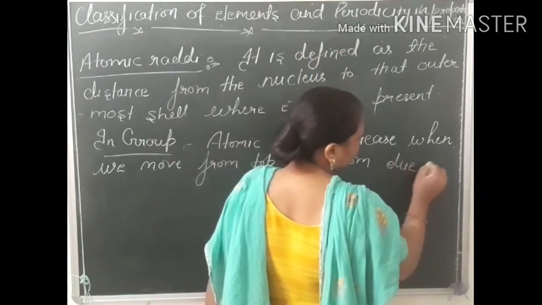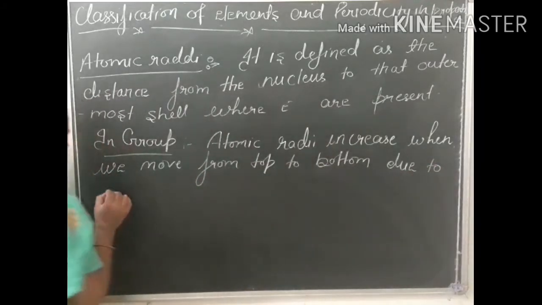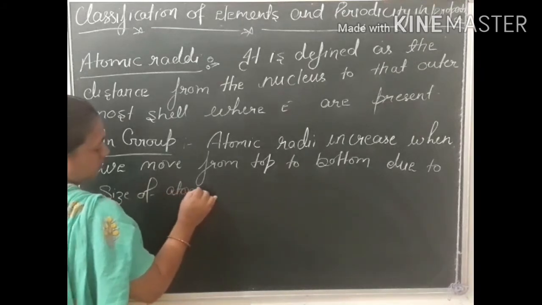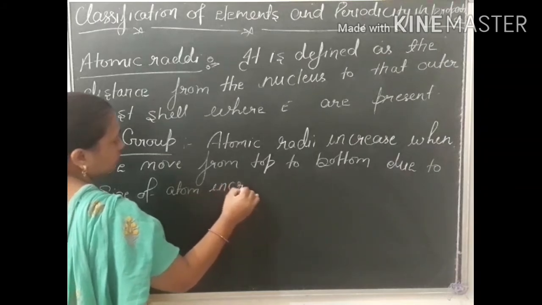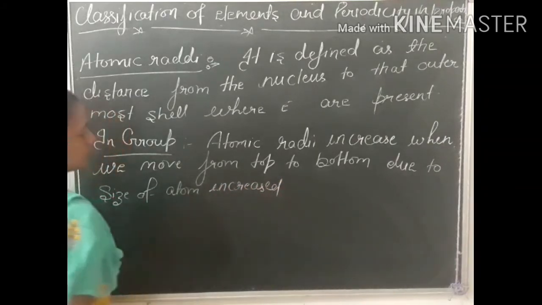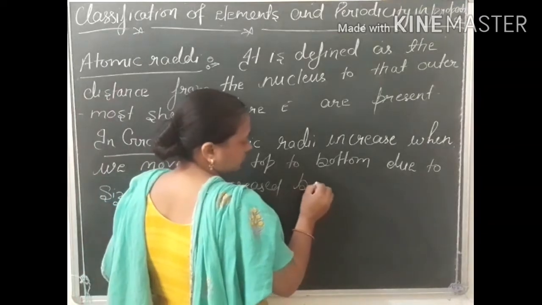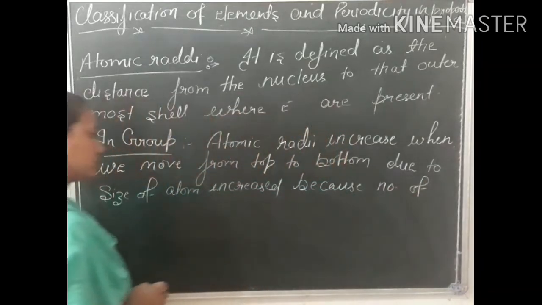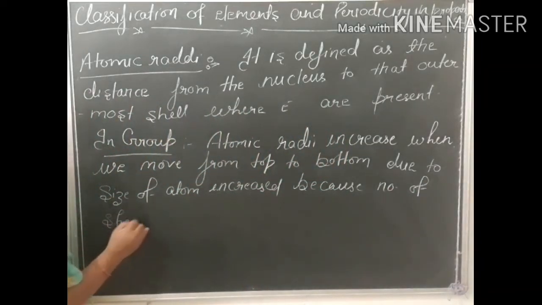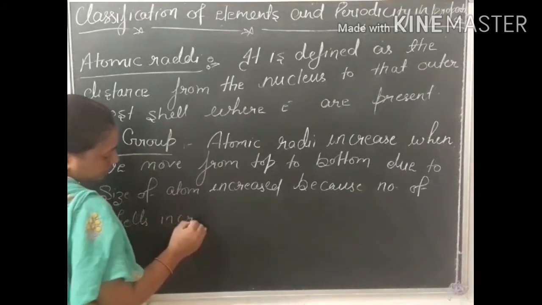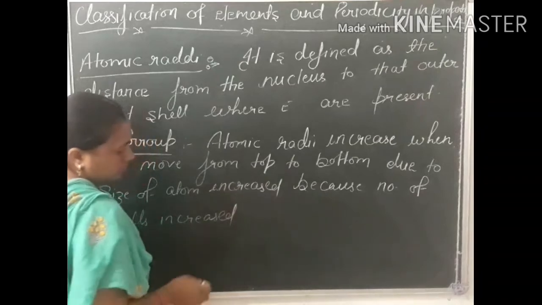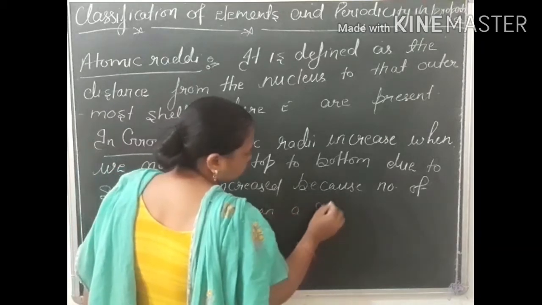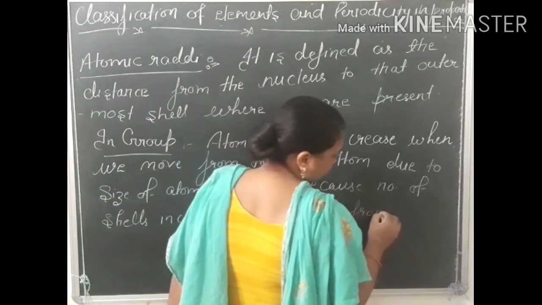Due to this, the size of the atom increases, because the number of shells increases in a group from top to bottom.